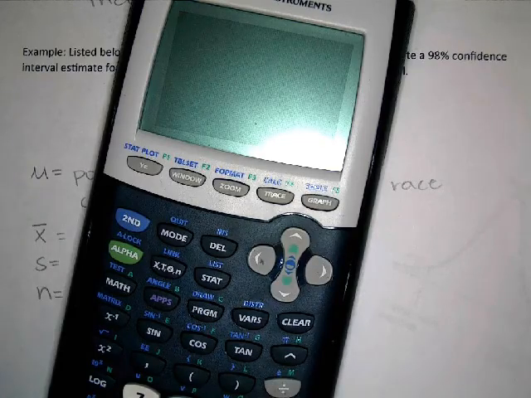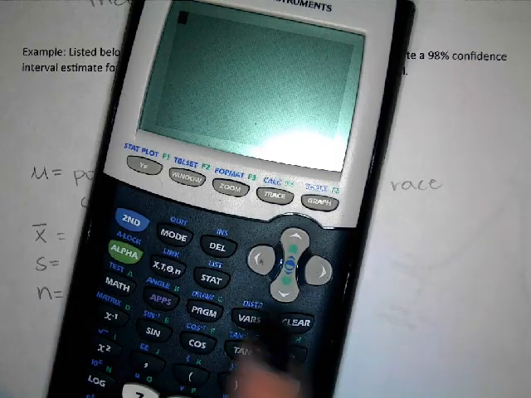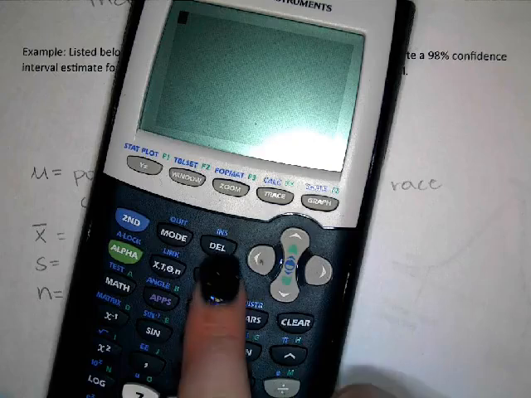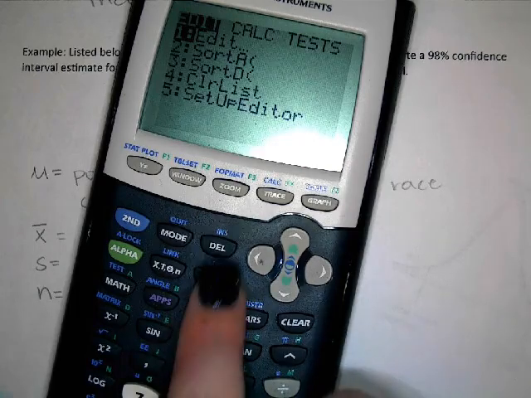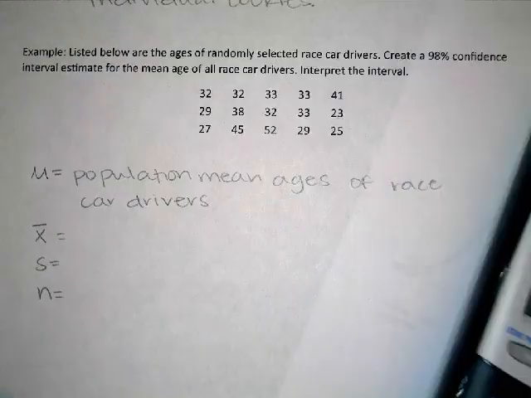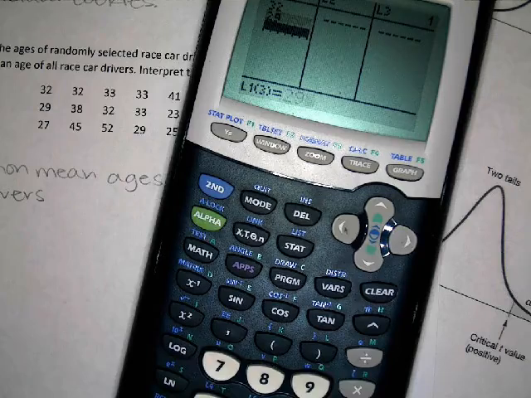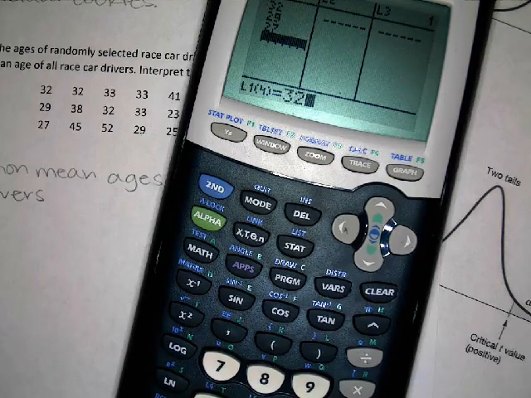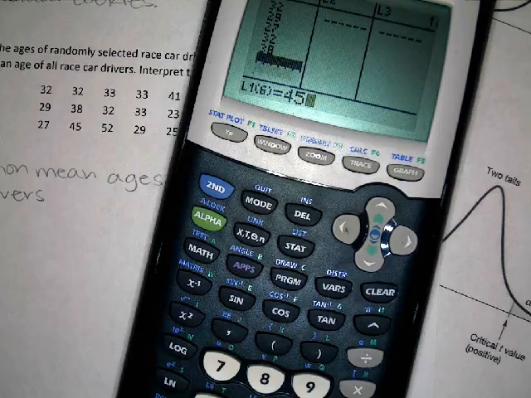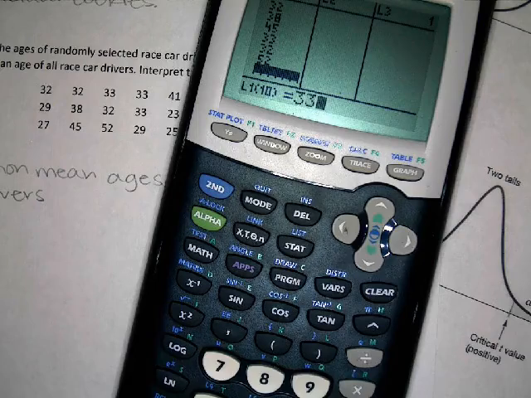If you're using a TI-84, you're going to click the Stat button. Where it says Edit, you press Enter, and we're just going to type all these numbers in: 32, 29, 27, 32, 38, 45, 33, 32, 52, 33, 33, 29, 41, 23, 25.